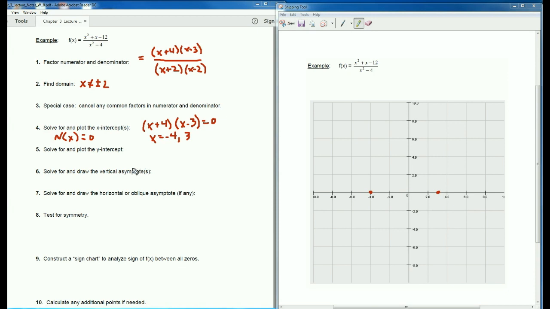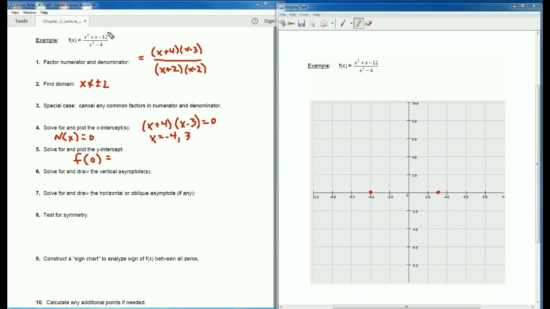Okay, solve for and plot the y-intercept. So in other words, I just want to plug in x equals 0 into the function. Okay, so you can use the factored form or you can use the original form.